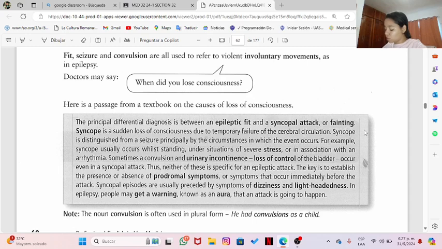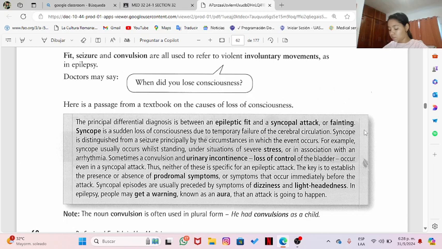The key is to establish the presence or absence of prodromal symptoms, or symptoms that occur immediately before the attack. Syncopal episodes are usually preceded by symptoms of dizziness and lightheadedness.